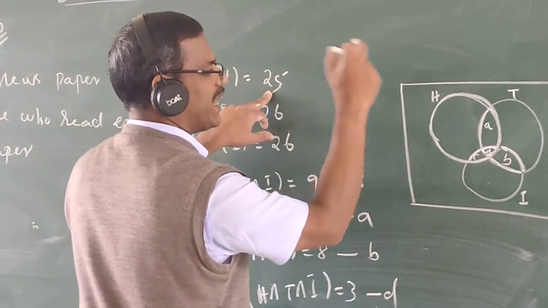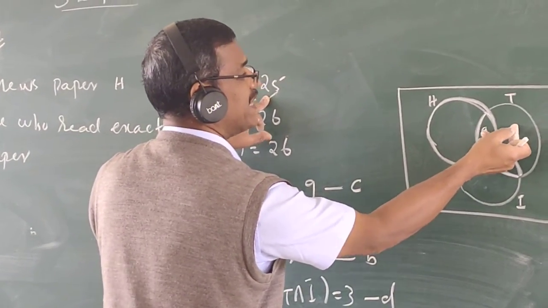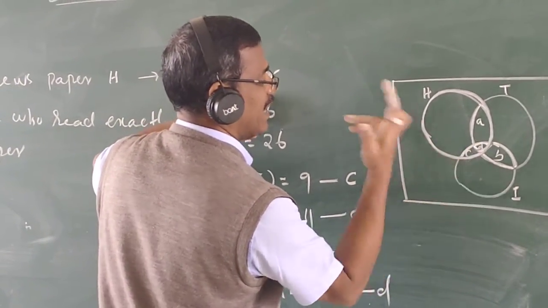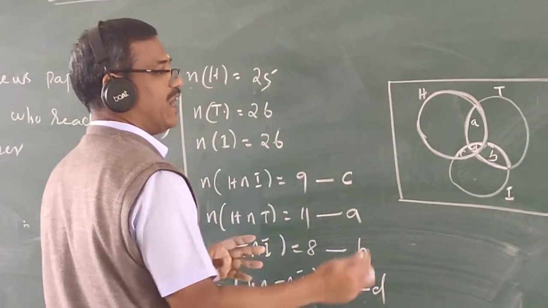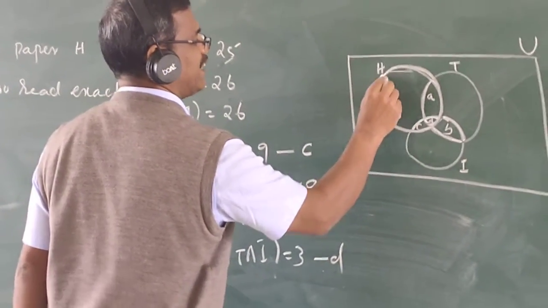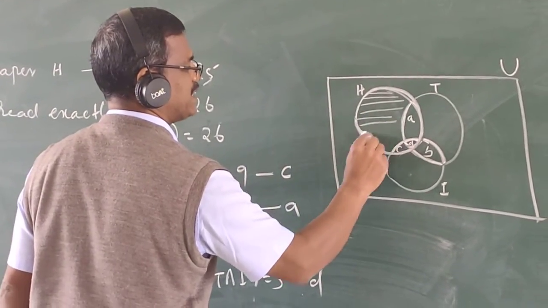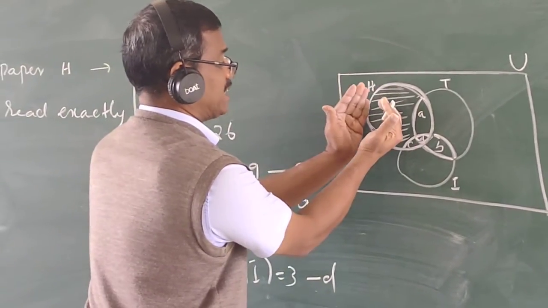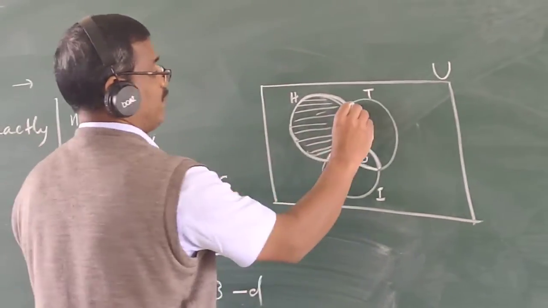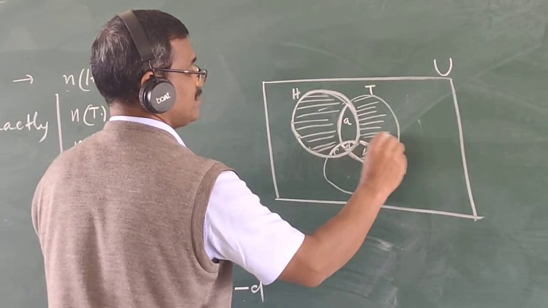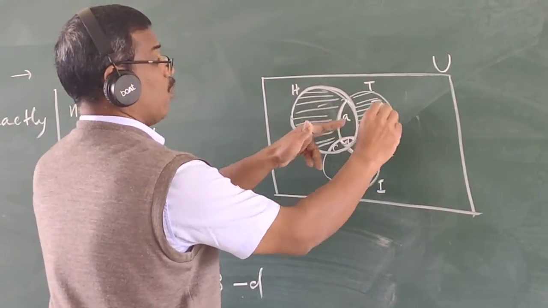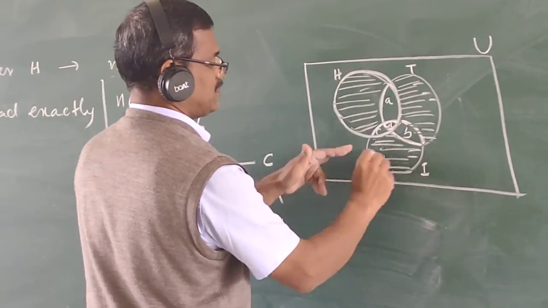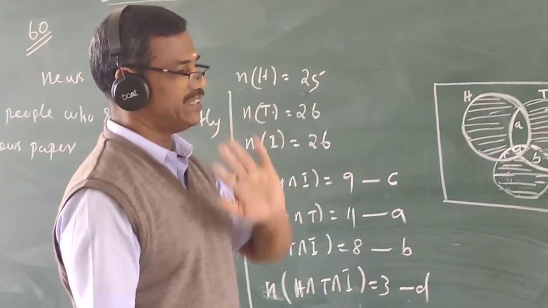This 25 contains some of the people who read Times also, and some who read Indian Express also. We want the people who read exactly one newspaper. If I shade this portion, it gives those who read only Hindu. If I take this one, it gives the people who read only Times. And if I shade this one, it gives the people who read only Indian Express.